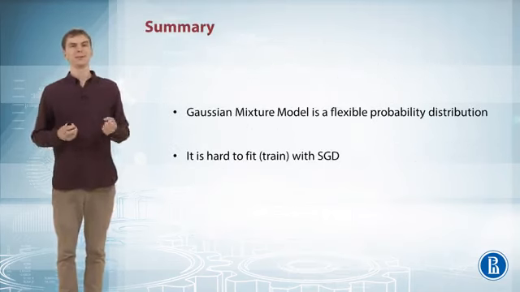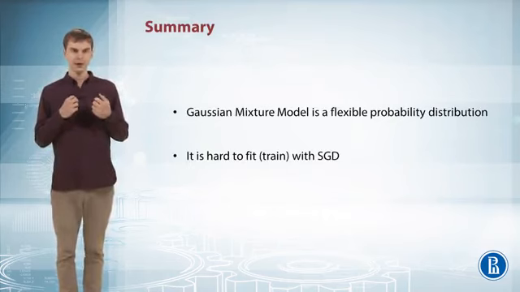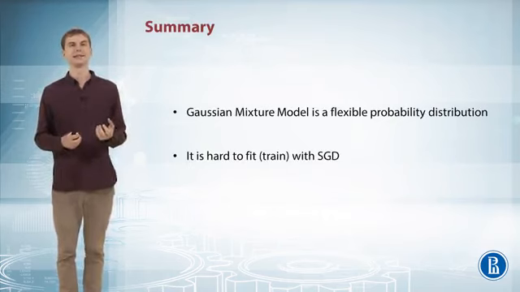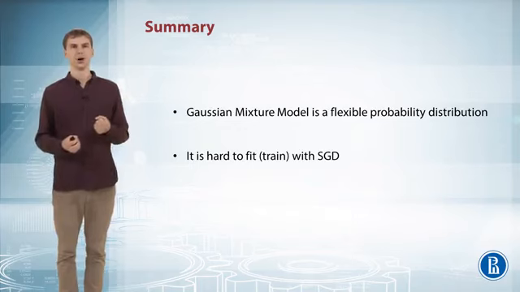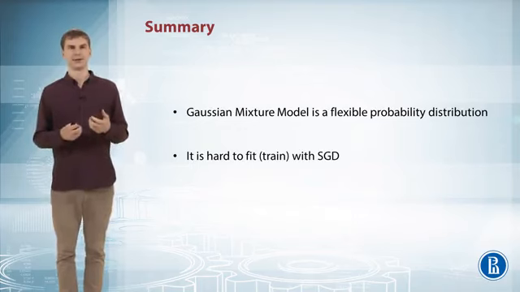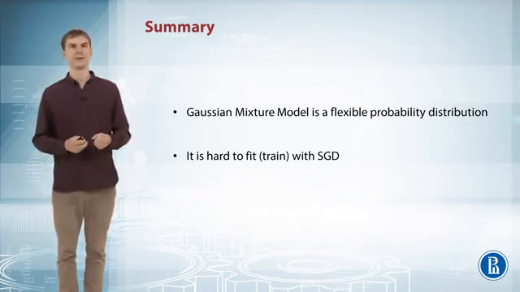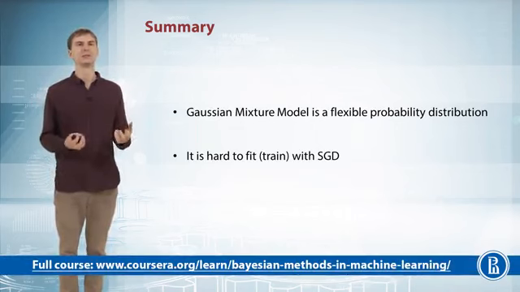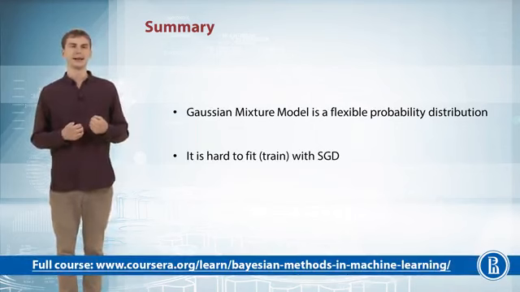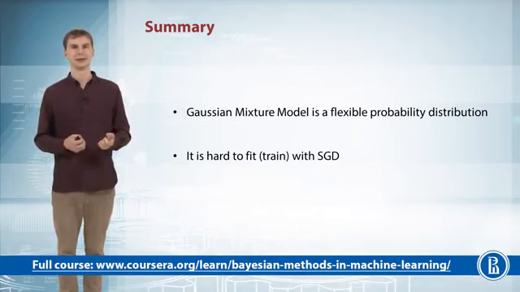As a general summary, we discussed that the Gaussian mixture model is a flexible probability distribution, which can solve the clustering problem for you if you fit your data into this Gaussian mixture model. And sometimes it's hard to optimize with stochastic gradient descent. But there is an alternative which we'll talk about in the next video.